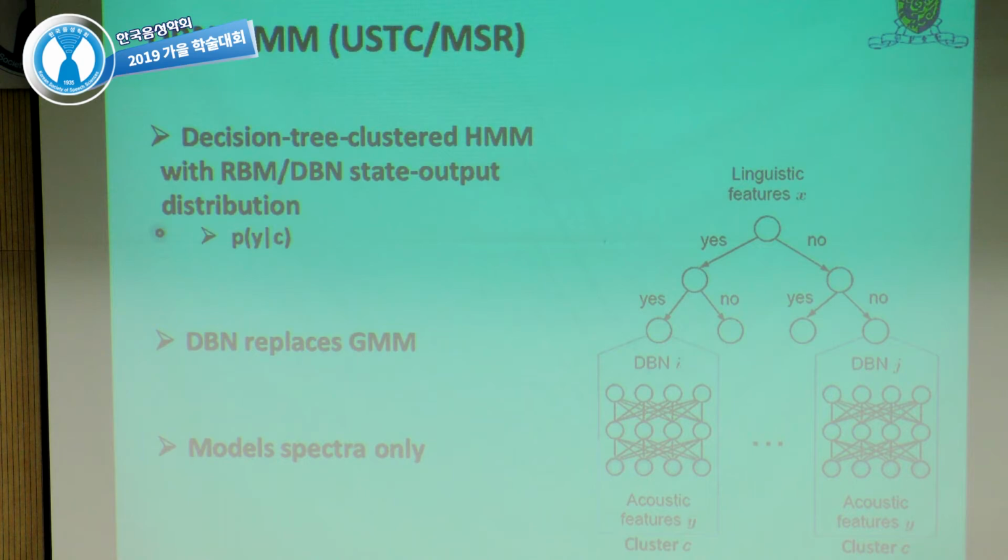And also USTC and Microsoft worked on trying to replace the decision tree, and use a DBN to replace the GMM distribution in the conventional way.